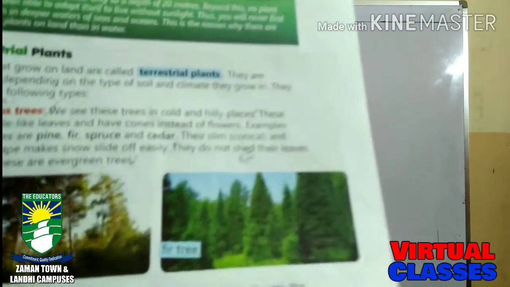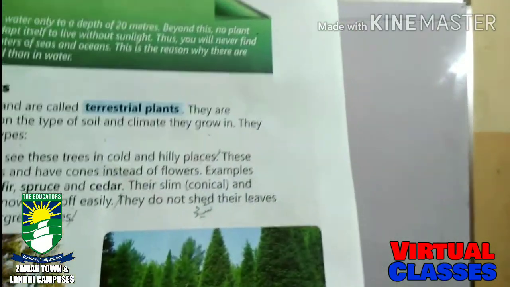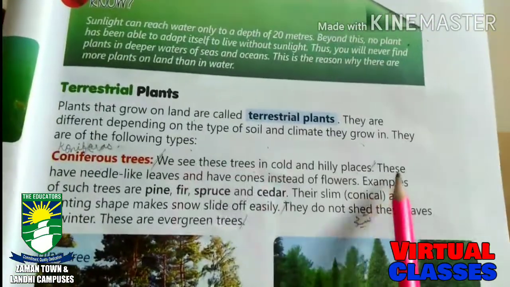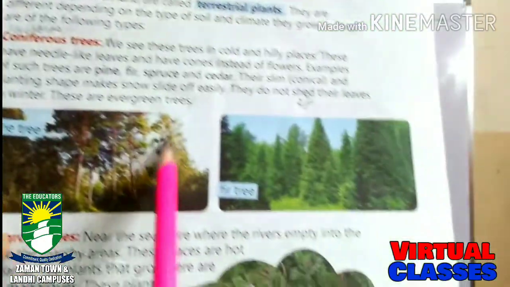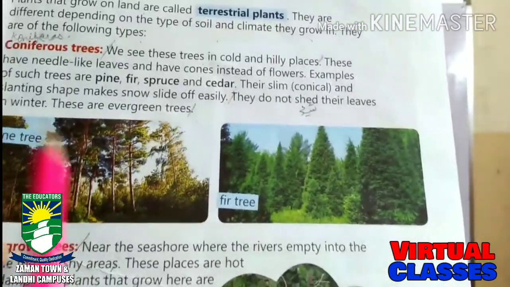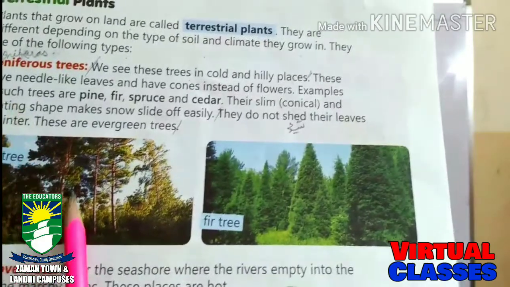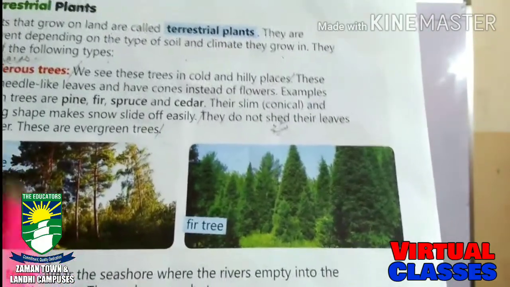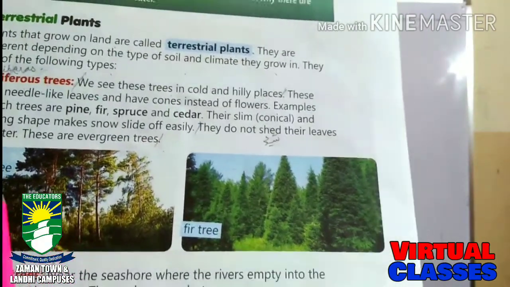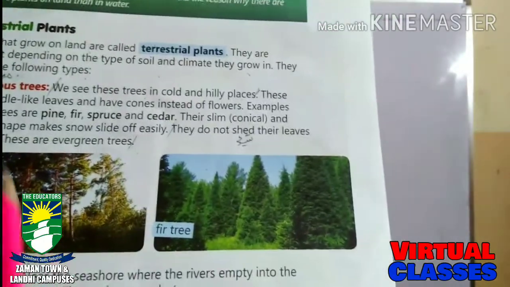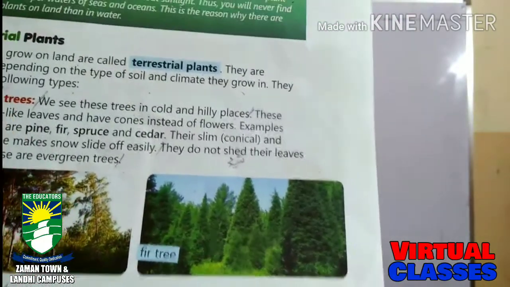The first one is the pine tree. These have needle leaves and have cones instead of flowers, and they don't shed their leaves in winter. These are evergreen trees. Both are examples of this heading.